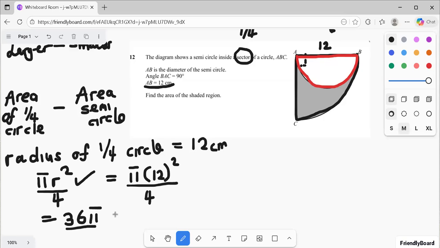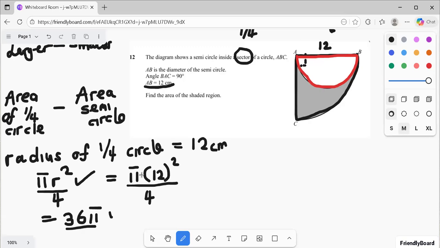So this was the area of the quarter circle, because sector means quarter. So we had to first find the area of the larger shape, which is the sector, a quarter. So we had to find the area of the quarter circle, which gave us 36 pi.